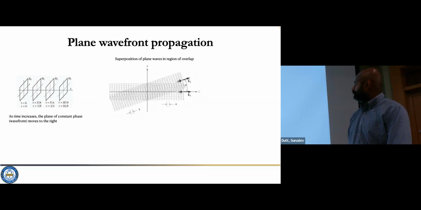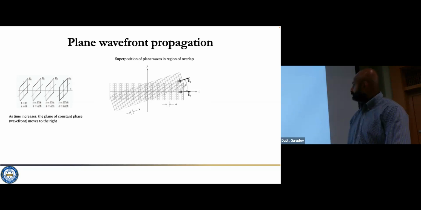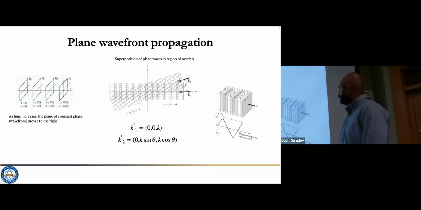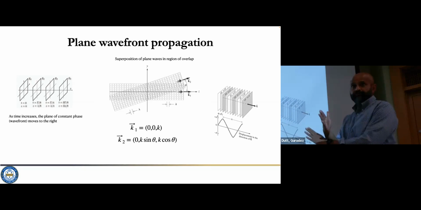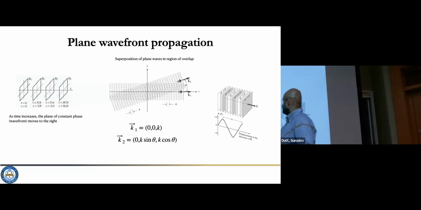And we can also think about what happens, I'm not going to go into too much detail right now about this, but when two plane waves overlap with each other, we can superpose them, for example. And again, that's just dependent on the angles between the K1 and K2 vectors. So these are two different plane waves, one at K1, which is along the Z direction, and then this one is along the Y and Z direction.